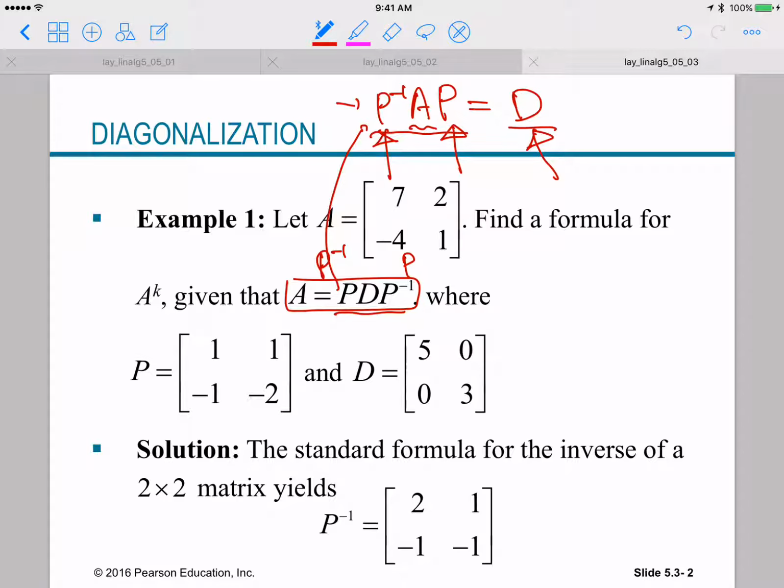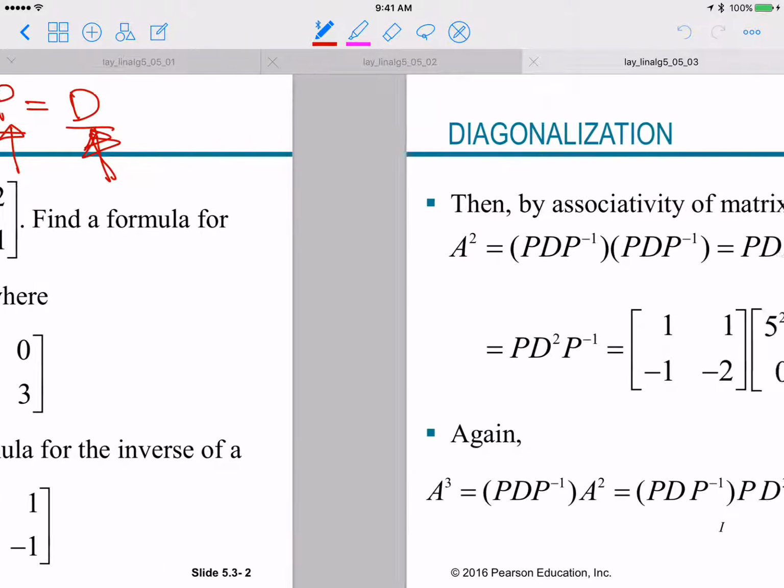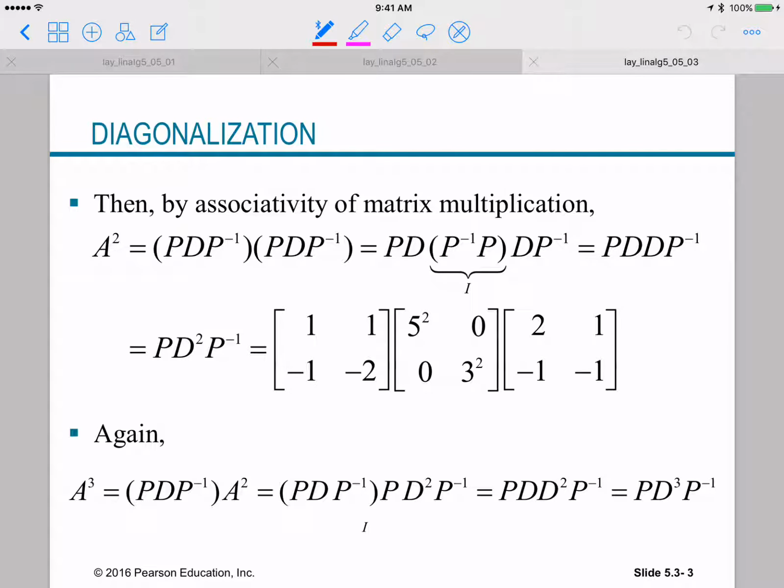Okay, so in that case, this is called a similarity transformation, and you actually made your matrix A into a diagonal matrix. So that's why we call that diagonalization. Originally your matrix was not diagonal, but now you have a diagonal matrix D after this similarity transformation.